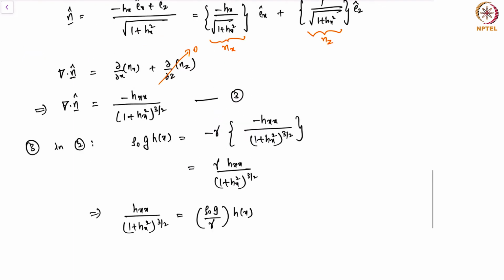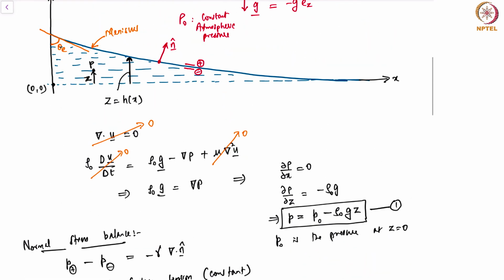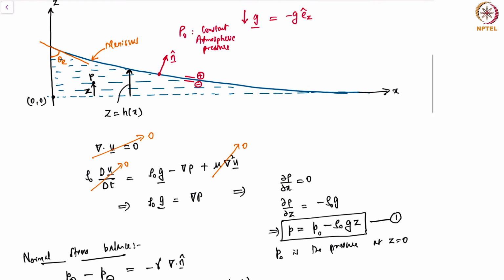Now, I had made one important simplification. The pressure above, I said, is a constant atmospheric pressure. I did not take the density of the fluid above into account. Strictly speaking, maybe I should make a note here. The pressure at any point in the meniscus should actually be P0 minus the density of the fluid minus the density above, let's call it rho gas, times g z.